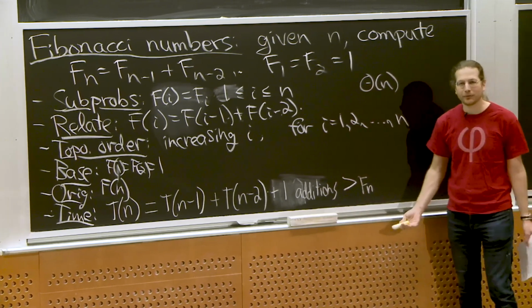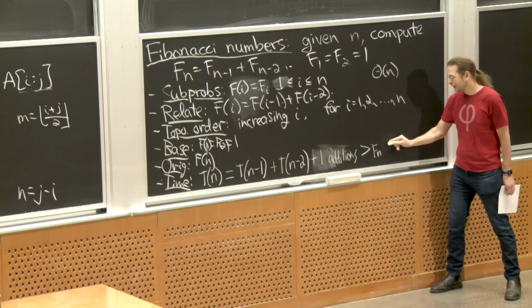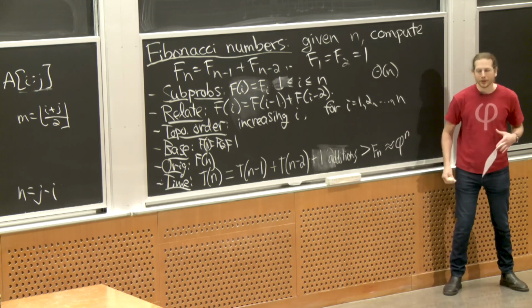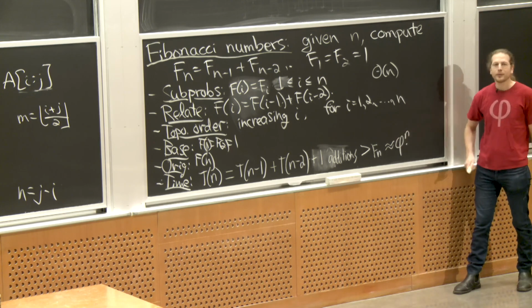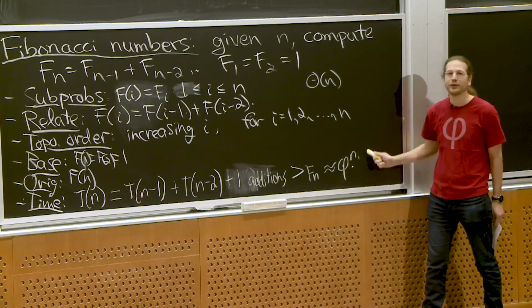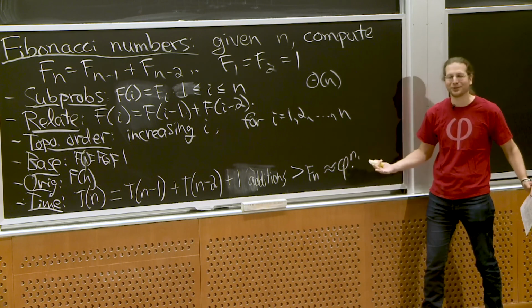And if you know anything about Fibonacci numbers, they grow exponentially. They're about golden ratio to the n. I'm wearing golden ratio in case you forgot the number. So that's bad, because golden ratio is bigger than 1. So this is exponential growth. As we know, especially in this time, exponential growth is bad.